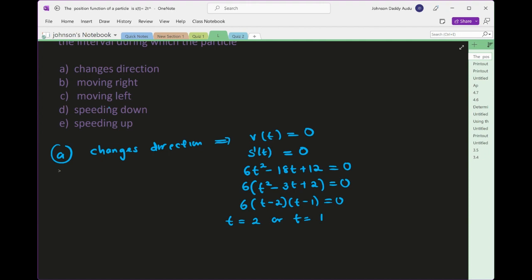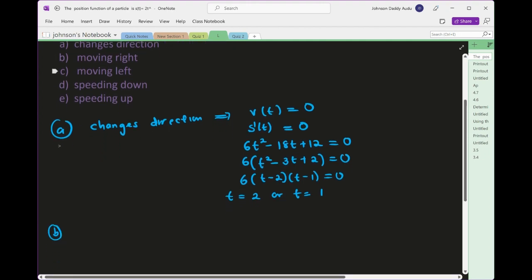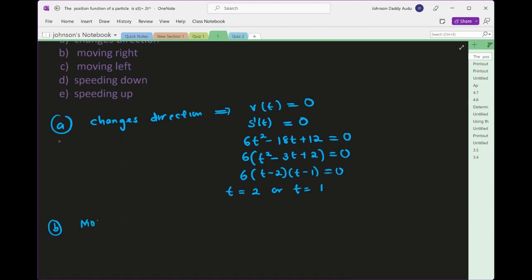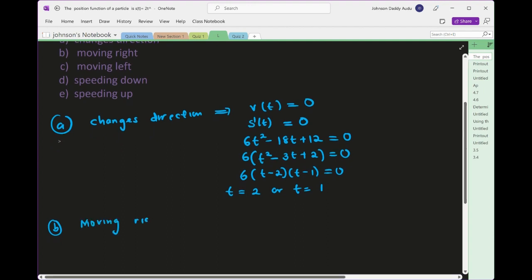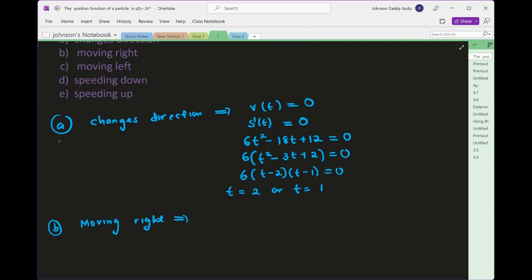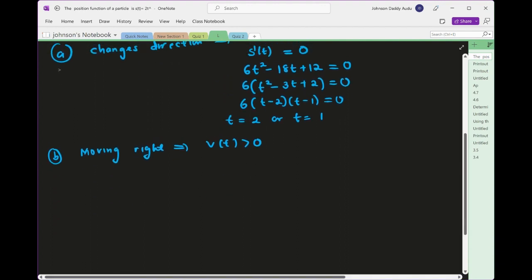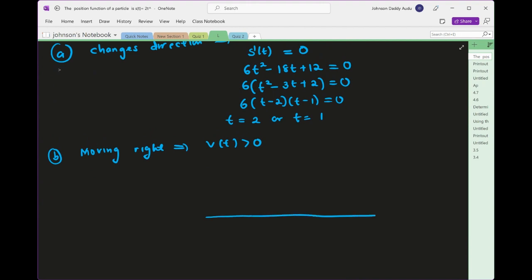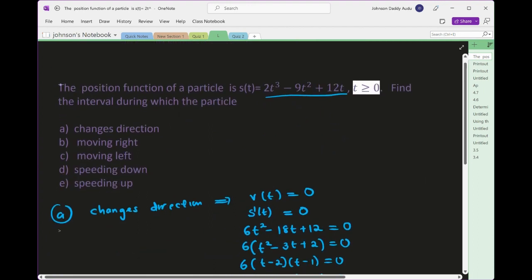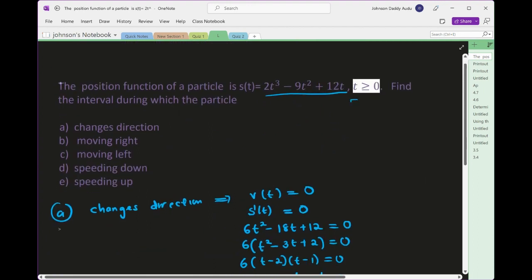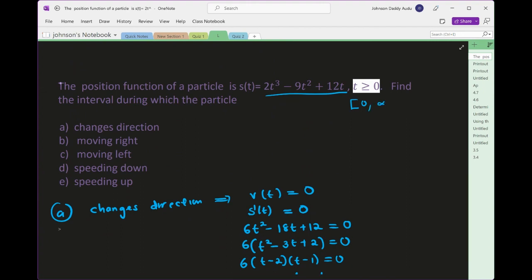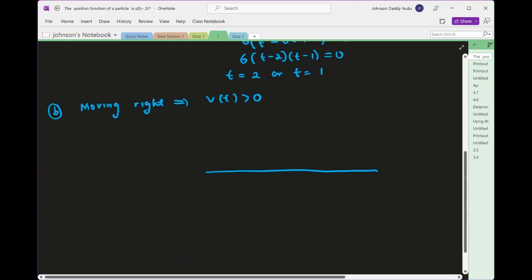Okay. Then B, moving right. Moving right simply means that the velocity should be greater than 0. So we're going to draw a table now. We're starting from where t equals 0, so the time domain is from 0 to infinity.